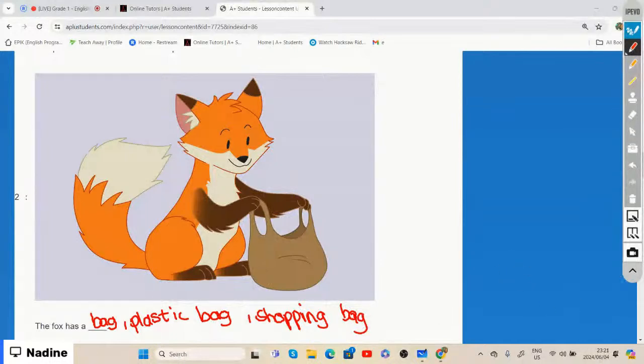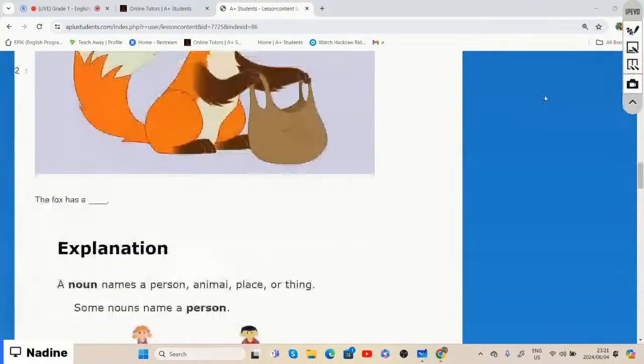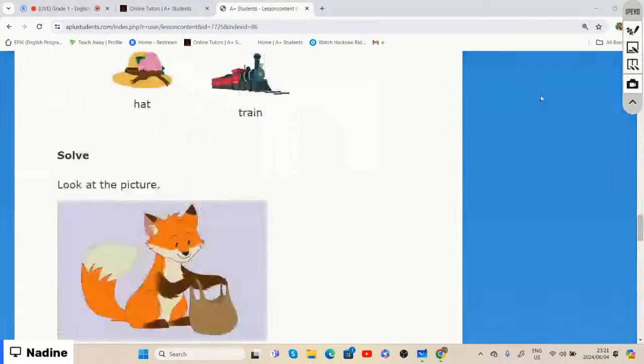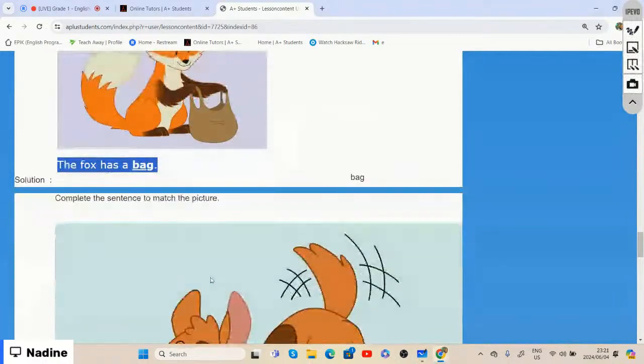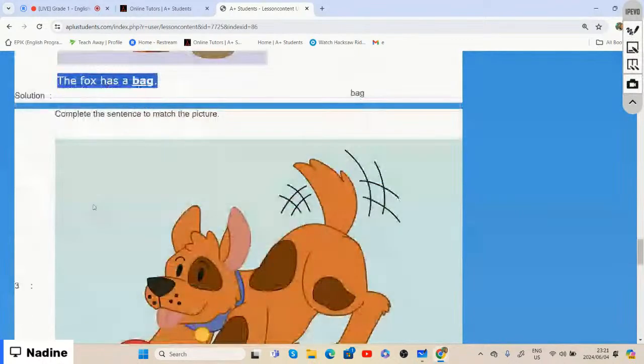So yes, it's a fox. The fox is also a noun, but they wanted to know what the fox has, right? So in the hand it can be a bag, plastic bag, shopping bag, right? So we then identified that the fox has a bag. So the bag is then correct. We need to complete the sentence to match the picture.